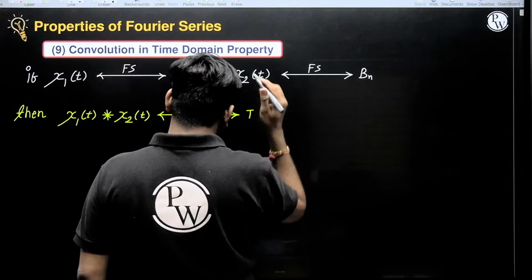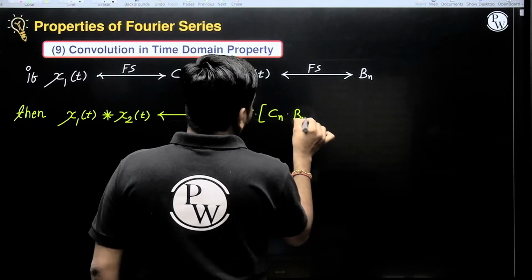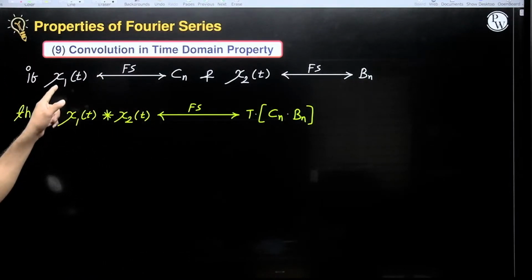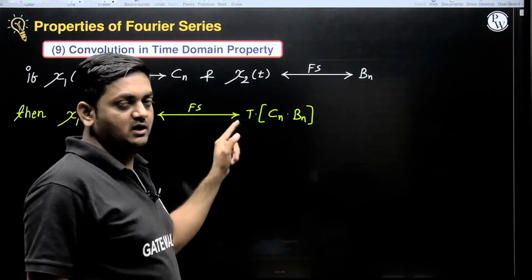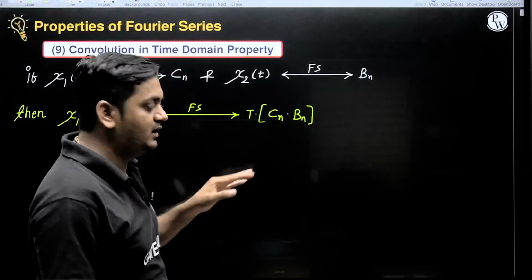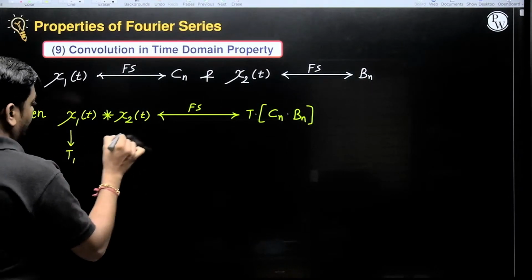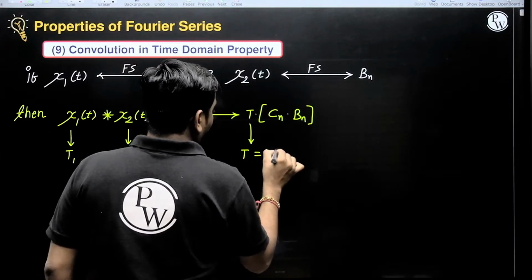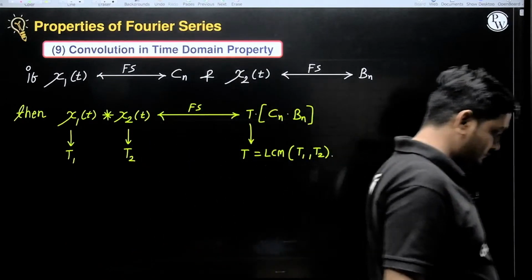Here capital T into, you have to multiply by the fundamental time period capital T, which is the LCM of the fundamental time period of x1 of t and the fundamental time period of x2 of t. T Cn Dn, the extra term T will come, and this T is nothing but the LCM of the fundamental time periods T1 and T2. Correct?